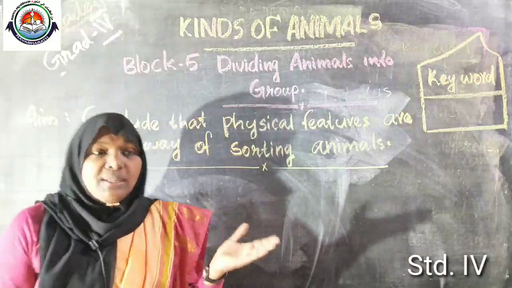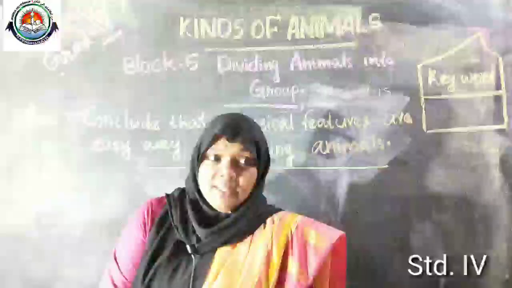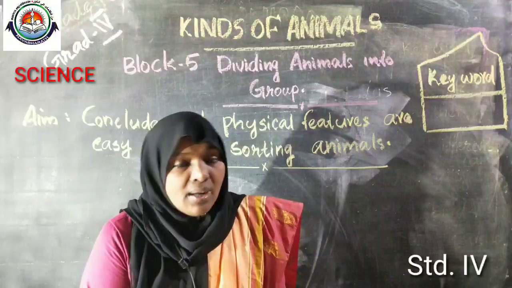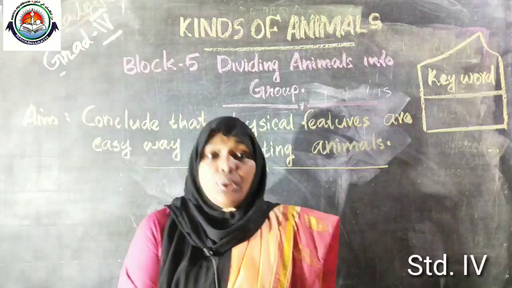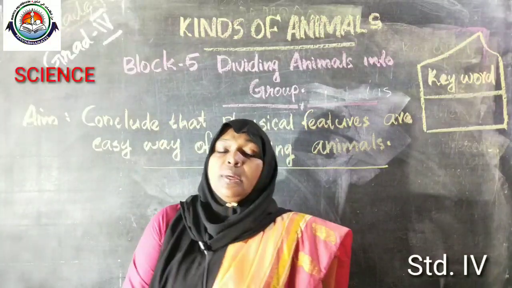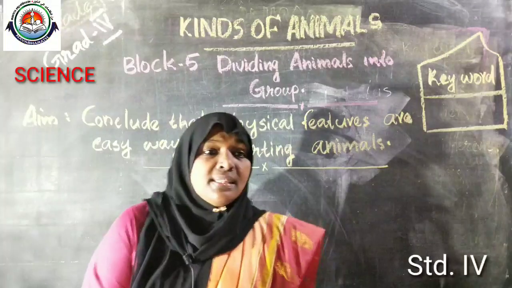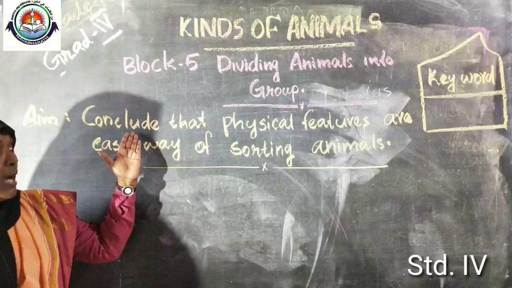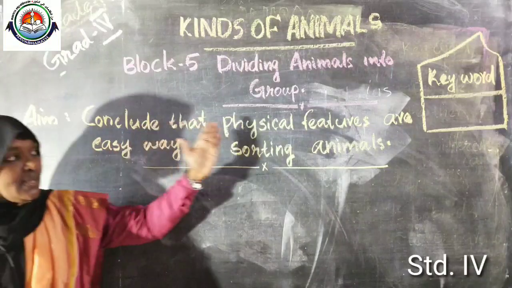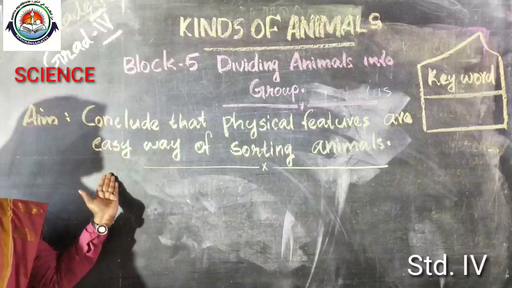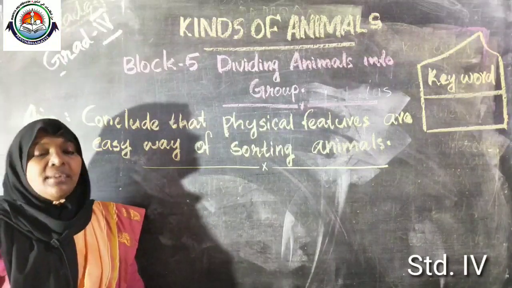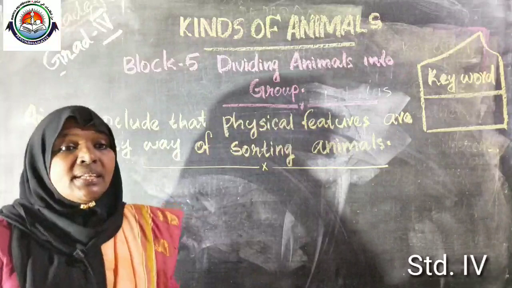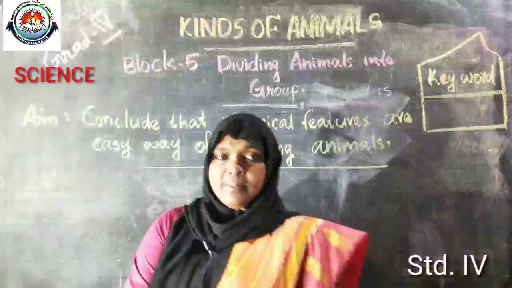Today we are going to learn our lesson 1, that is dividing animals into groups. The aim of our lesson is to conclude that physical features are an easy way of sorting animals. We can find out the physical features of animals.